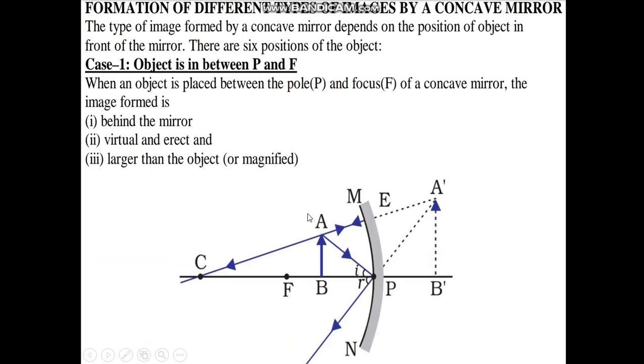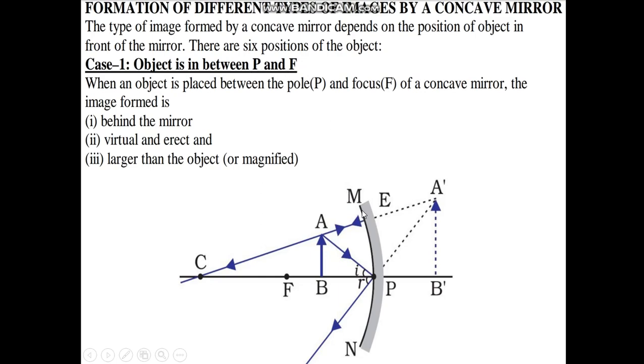So by following all these rules, we will study the images formed in case of concave mirror. So first we will take the object position in between P and F. P and F means pole and focus.